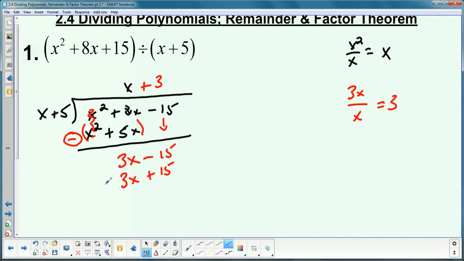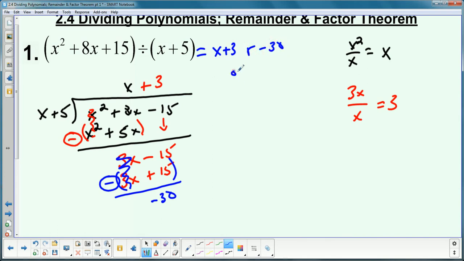Again, I changed color here, because this is where I tend to make the mistake. 3x minus 3x should always cancel out. Here, this is not going to be 0, because negative 15 minus 15 gives me a negative 30. So the answer to this division is x plus 3 with a remainder of negative 30.